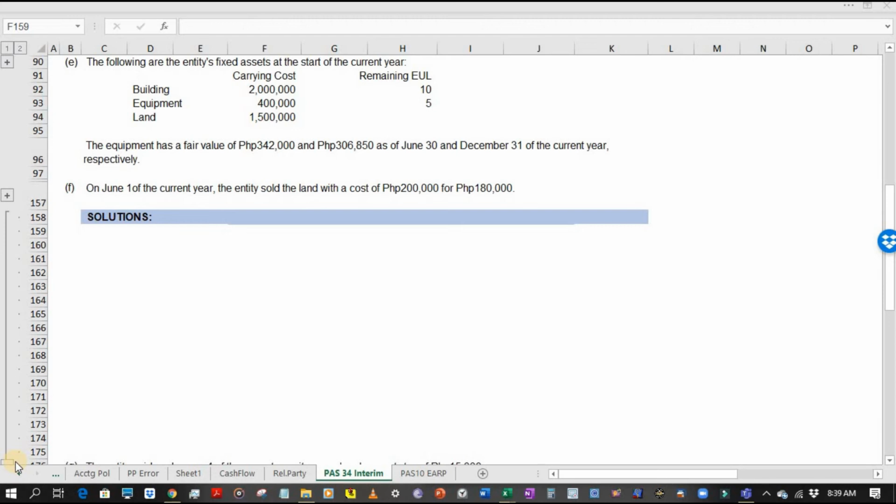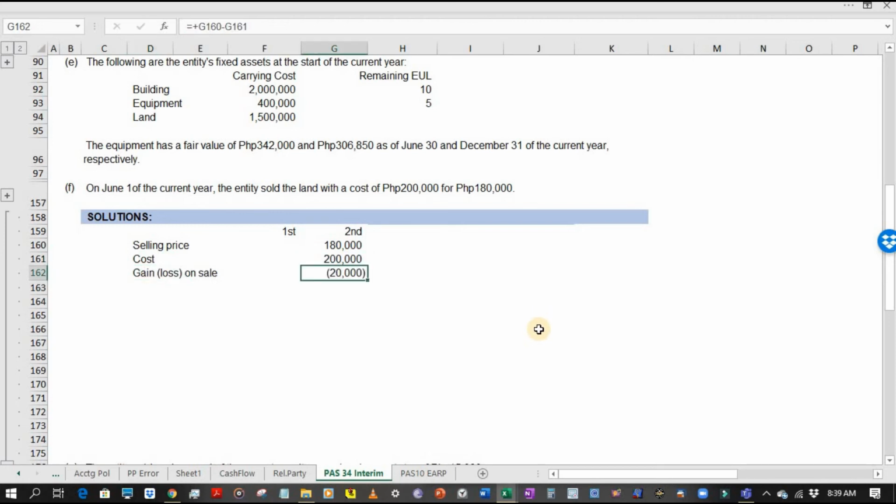And for annual purposes, of course, regardless of the quarter it has been realized, it will be presented in the annual income statement. So let us start with the computation of the gain or loss. And again, that will be in the second quarter. So the selling price is 180,000 pesos and the cost is 200,000 pesos. So obviously we have a loss on sale of 20,000 pesos.